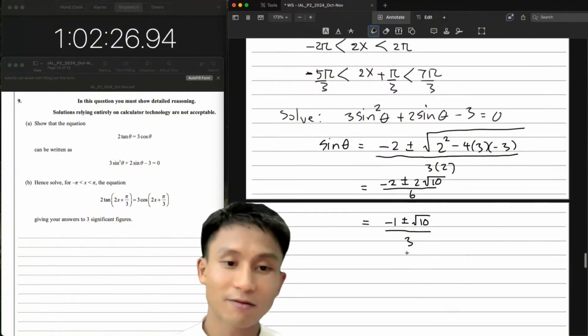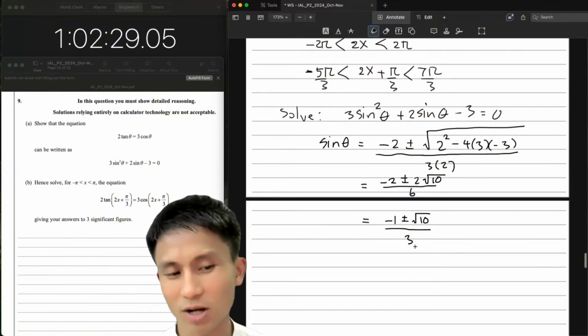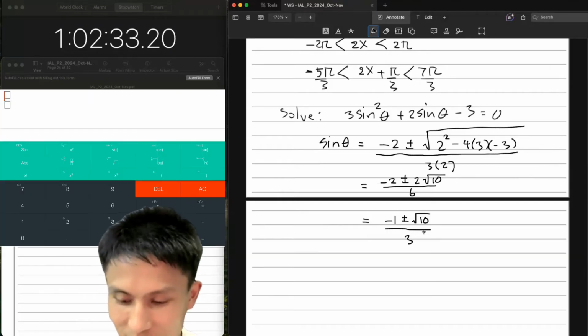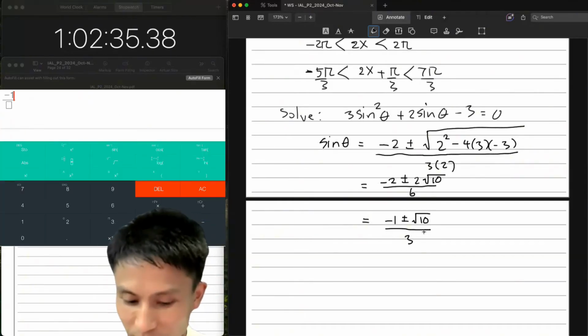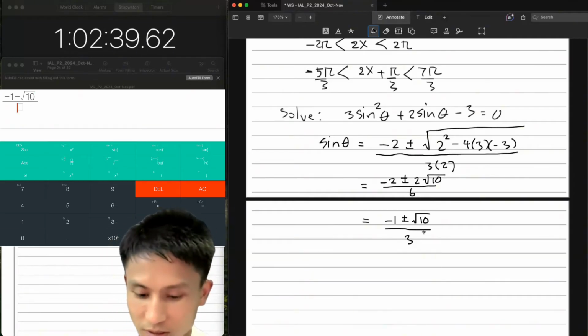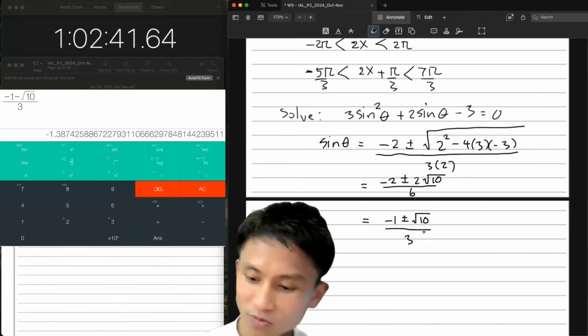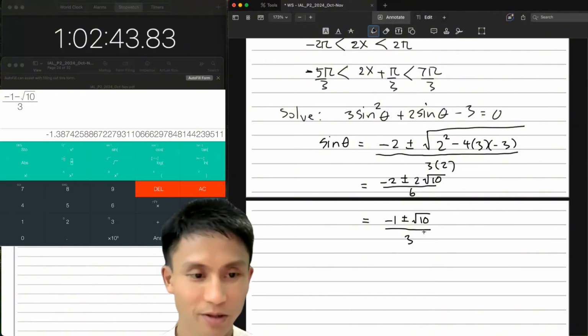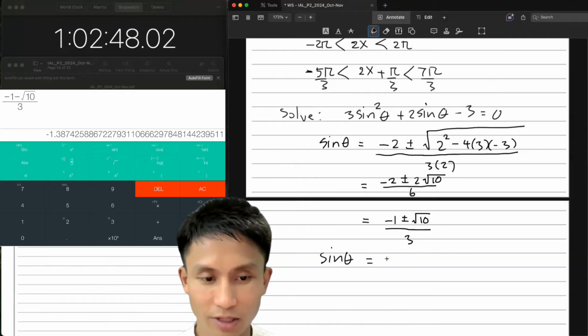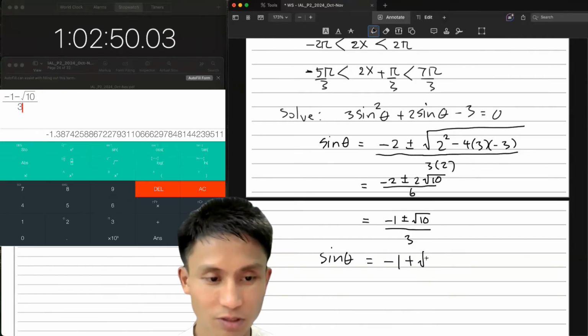Okay, so that means we have 2 roots for the sine, but let's check. One of them maybe doesn't work, because I'm just curious. If sine goes below minus 1, then it shouldn't work. And it does go below minus 1. So sine theta here is only minus 1 plus root 10.